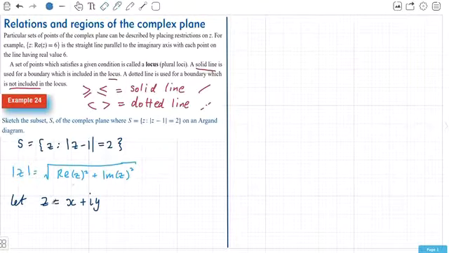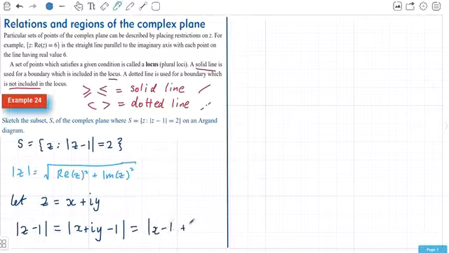So we're going to substitute that into this expression here. So let's look at what z minus 1 as a modulus is. Let's substitute z in, x plus iy, and the minus 1, because we've got that minus 1 there. Now, if we rearrange this, let's put the real parts together and the imaginary part together. There's only one imaginary part.